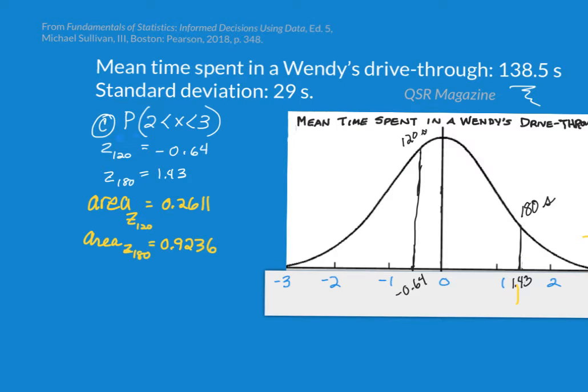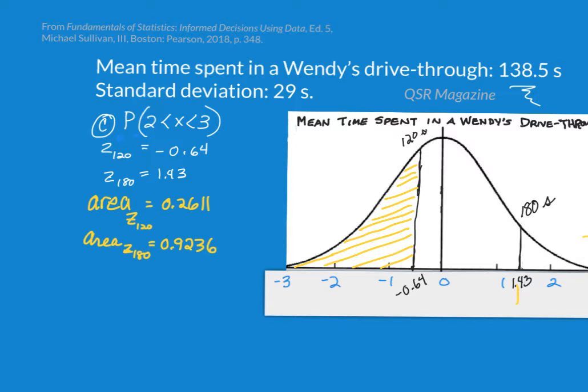So let's shade in those two areas. The area under the curve less than the z-score of negative 0.64, or 120 seconds, if it were not on the standard normal curve, would be that area. And then our second area would be the area to the left of or below 180 seconds, which has a z-score of 1.43, as we see.